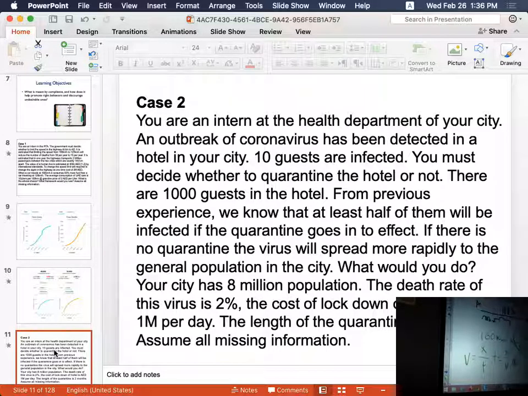How do you convince your boss that an outbreak of like 500,000 people is way less than an outbreak where... It costs less. If you say it costs less, you need to show me the numbers.